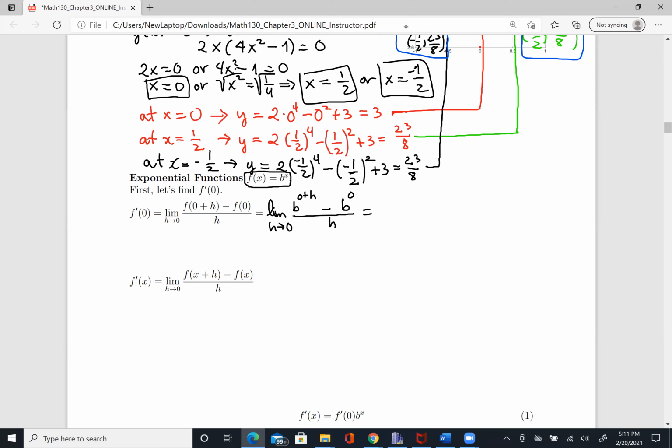And that's going to give me the limit of b to the power h minus 1 over h, h going to 0.